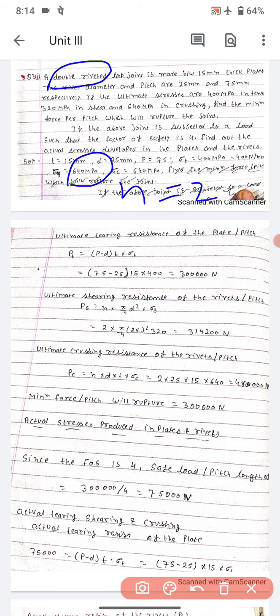I think we forgot to write that in the given. So P is equal to n multiplied by pi by 4 d square into sigma s. So 2 multiplied by pi by 4, 25 square, into 320, that is 3,14,200 Newton.